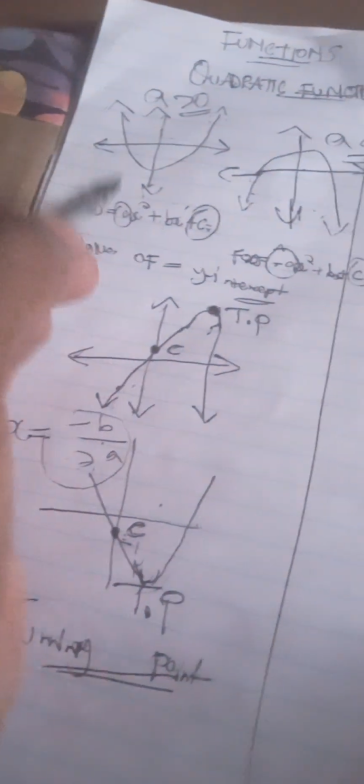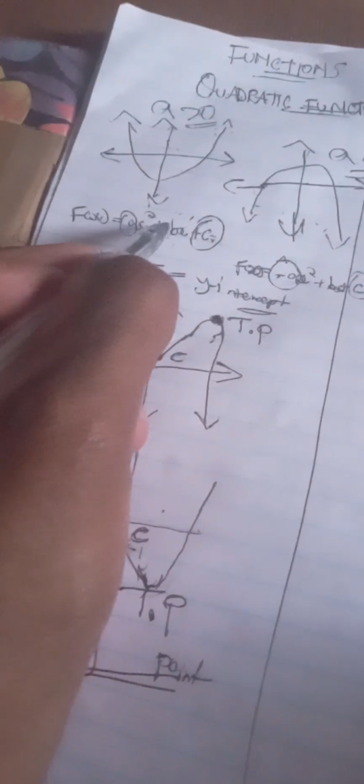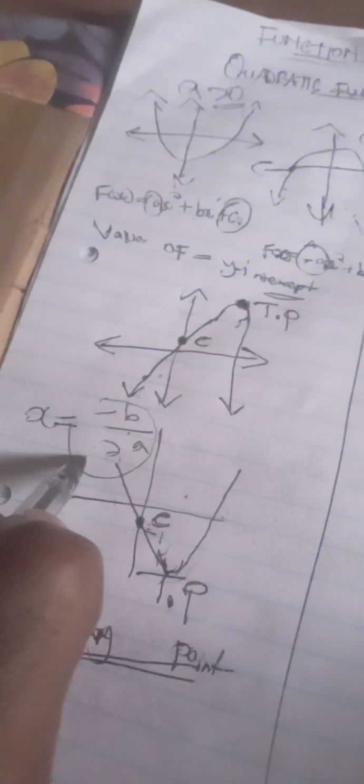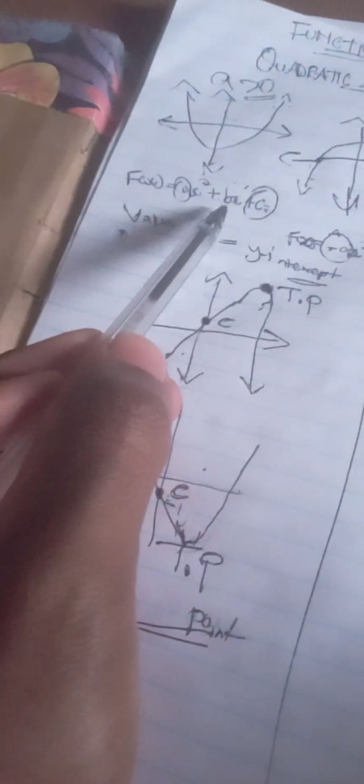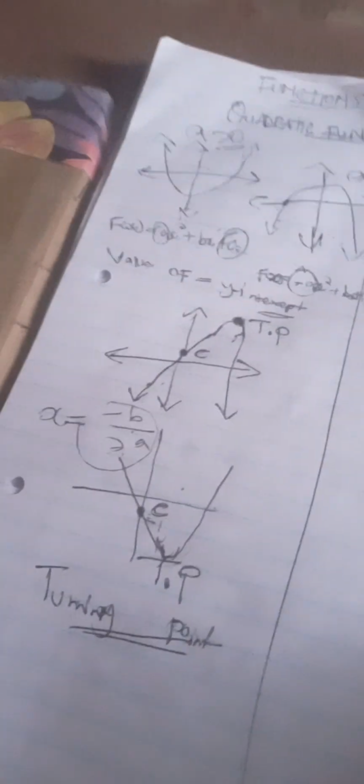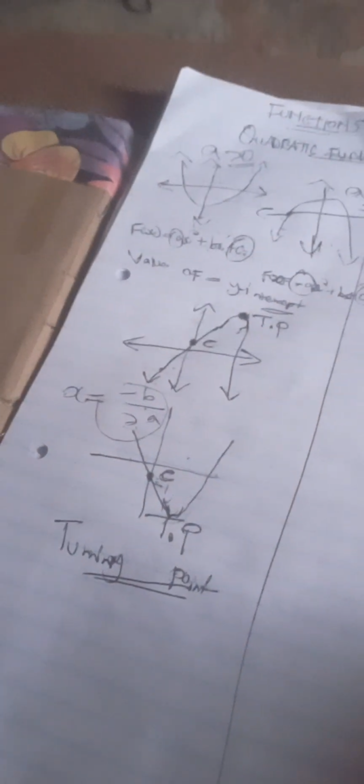Where we see x, we substitute the number that we found here. And then we'll find the y-coordinate of the turning point. I hope it makes sense. We're still going to do more examples so that you can actually understand what we mean by this. But so far, that's what happens when we speak about the turning point of the quadratic function.